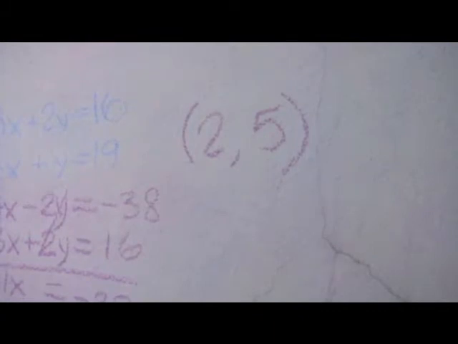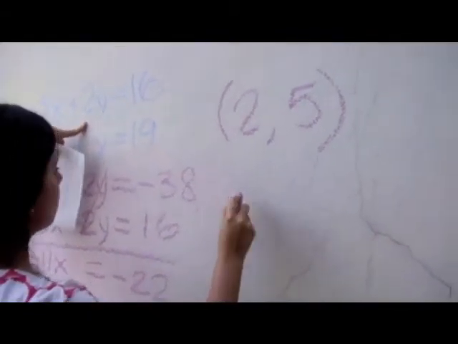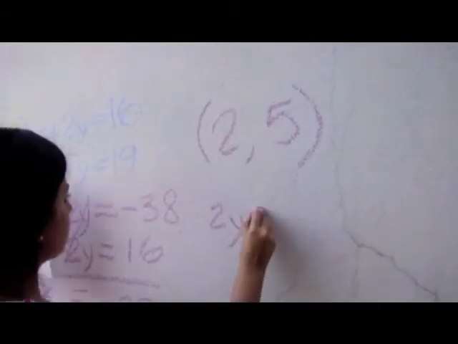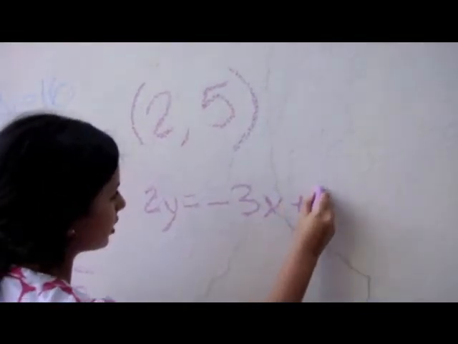Then we need to say if this set of linear equations is consistent or inconsistent, and dependent or independent. For that, we need to put them in the slope-intercept form. So this one, we pass the x subtracting, so it will be -3x plus 16.